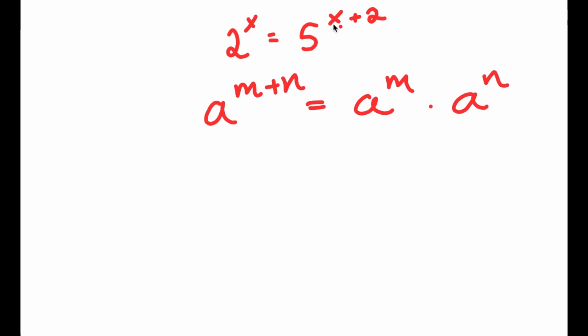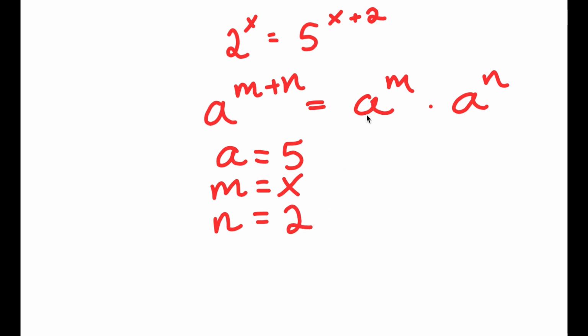So in this case, we have 5 to the power of x plus 2, and we can think of a as 5, m as x, and n as 2. So we want to put this in this form right here.